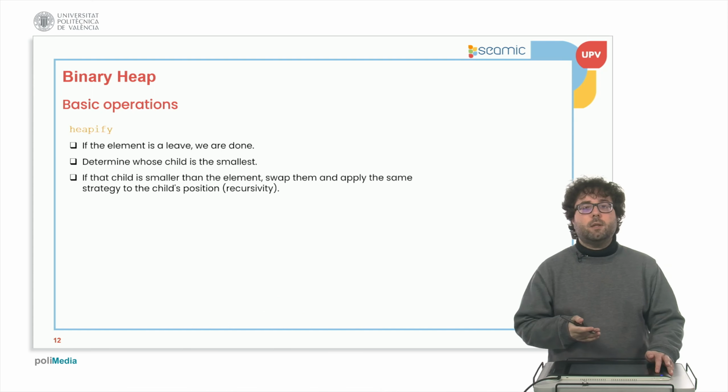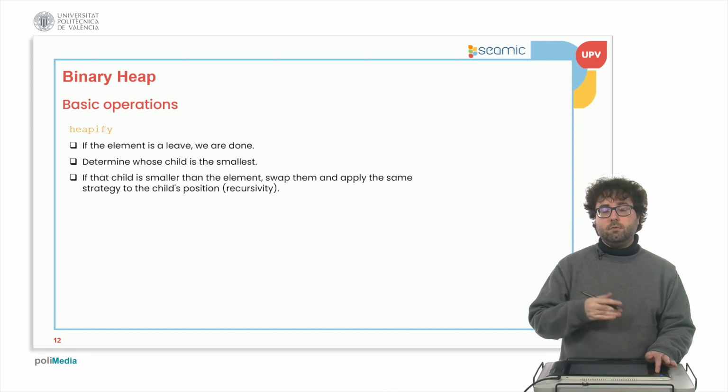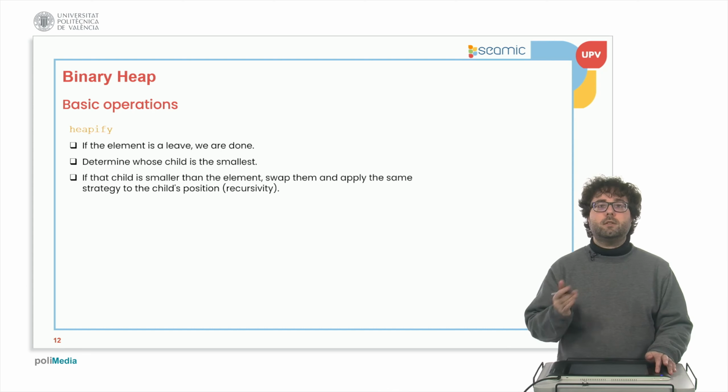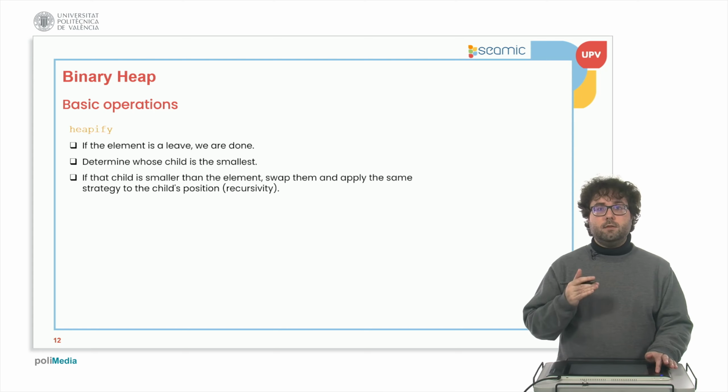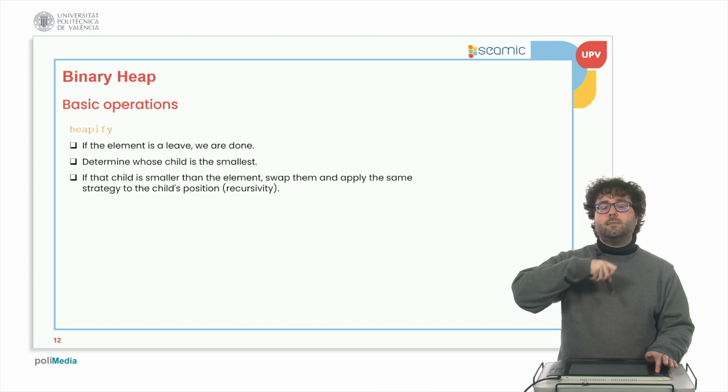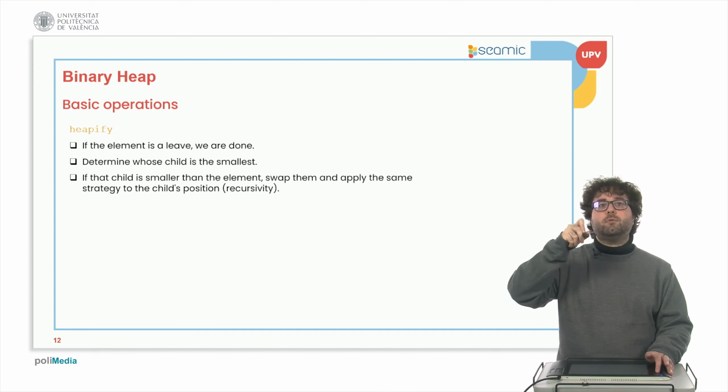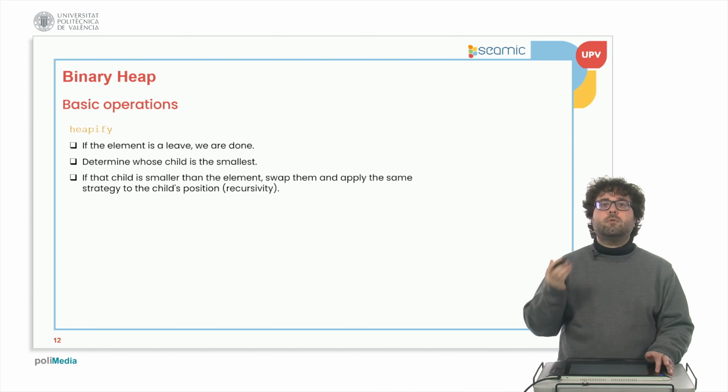So, as already mentioned, we need to heapify to guarantee the heap properties of the order. We are going to do this just using recursion. Once we have placed the child as the new root, we are going to heapify from the root position. And what we're going to do is create a recursive function whose base case will be to check if the element is a leaf.